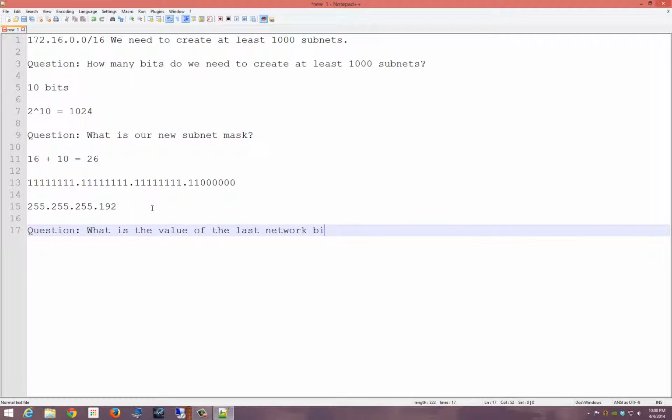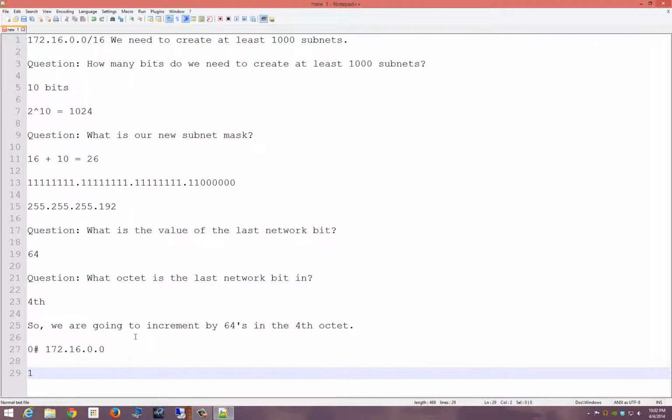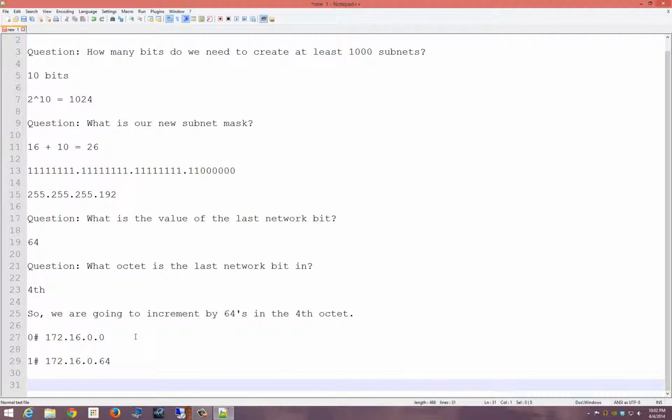So we're going to start with subnet number 0. It's the same as the classful address, 172.16.0.0. And we are just going to list our subnets, incrementing by 64s in the 4th octet.